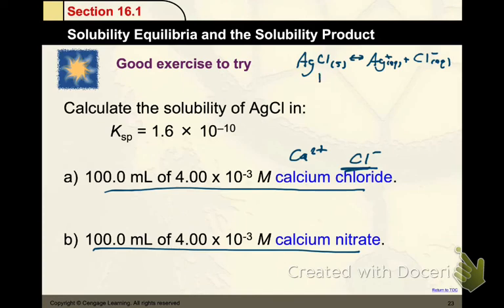So we can set up an ICE table here for AgCl for part A. The volume doesn't matter, we're just dealing with the concentration here, so we can just look at 4.00 times 10 to the minus third. Now remember that calcium chloride is CaCl2, so if this is the concentration of calcium chloride, the concentration of the chloride there, since there's two of them, is going to be twice that.